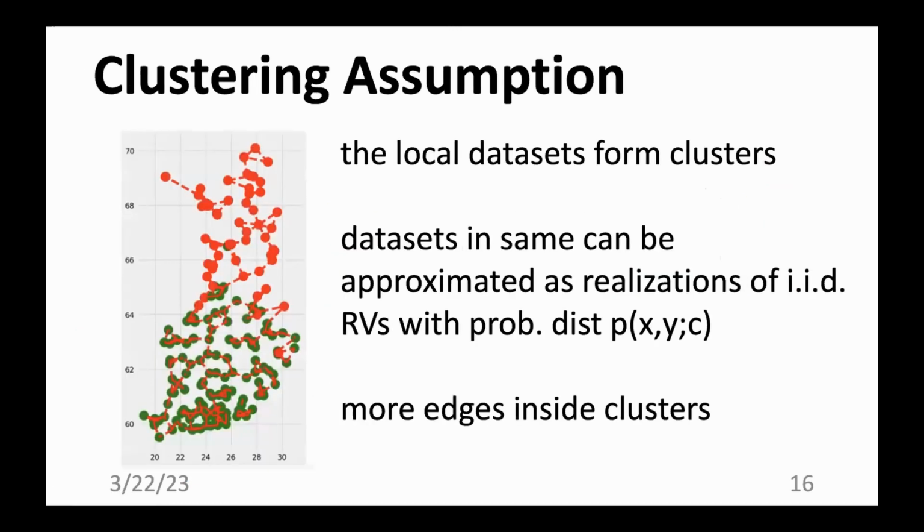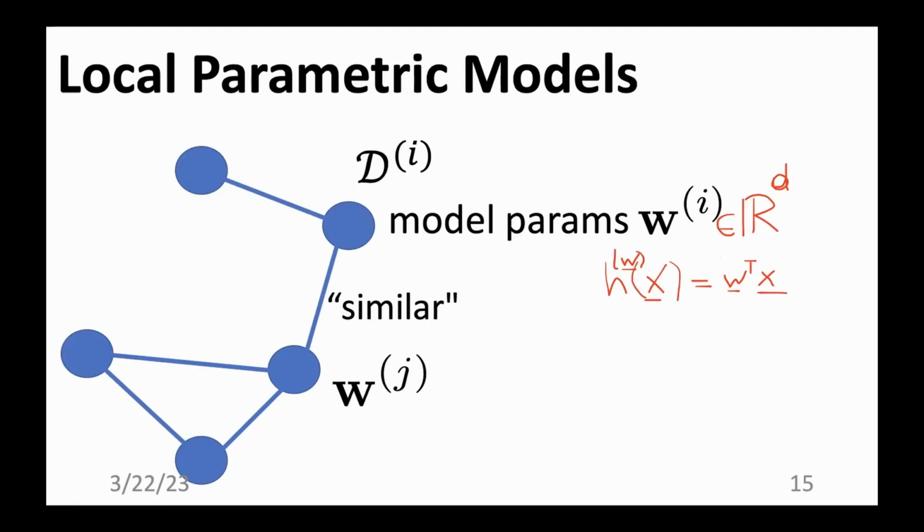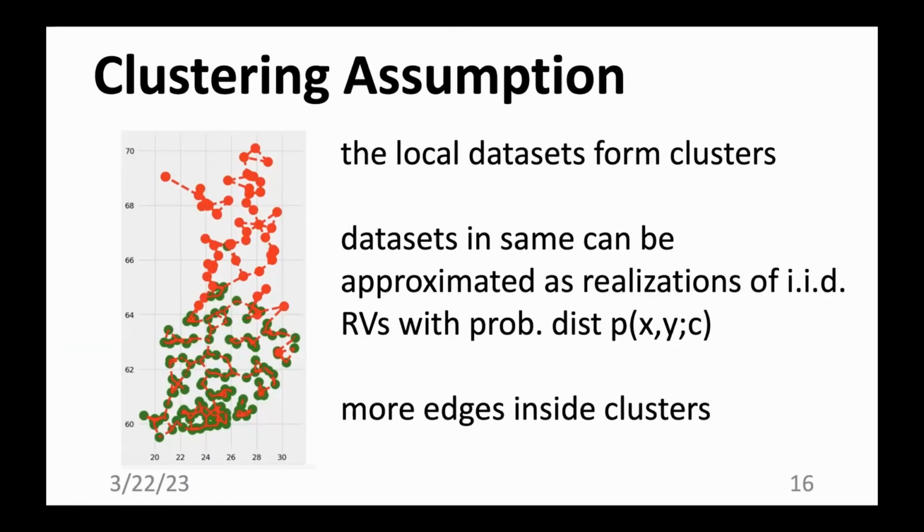Okay, so we then need some assumptions on the structure of the data set, similar to the IID assumption. Without any such assumption, there's not much we can do because then we can never look beyond the training set. In federated learning, we sometimes use a clustering assumption, which means that the local data sets form clusters.